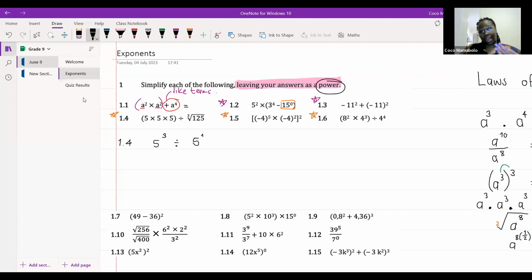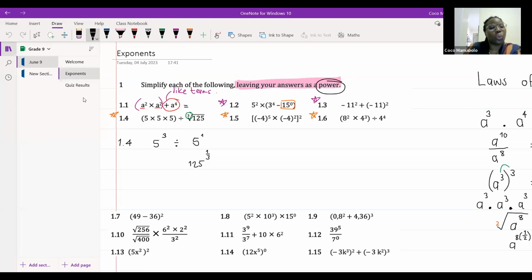Let's break this down, Tando. Remember we said that the cube root is the same as 125 to the power of a third. Remember that cube root makes this a power of a third, yes? Do you remember I said that at the beginning, or were you here when I said that? Yes, ma'am. I was here when you said it.